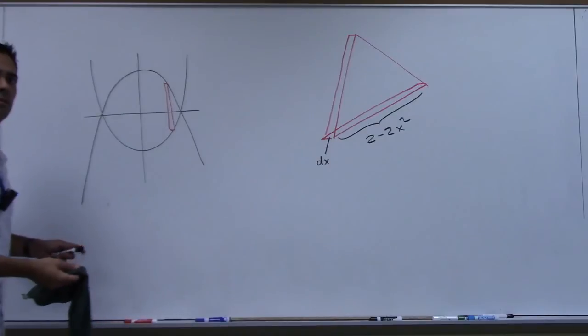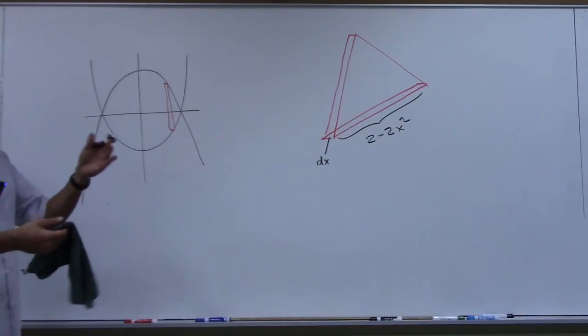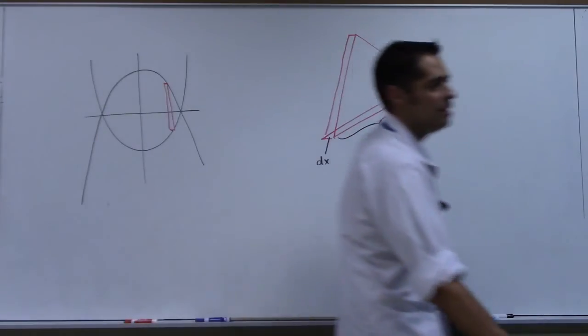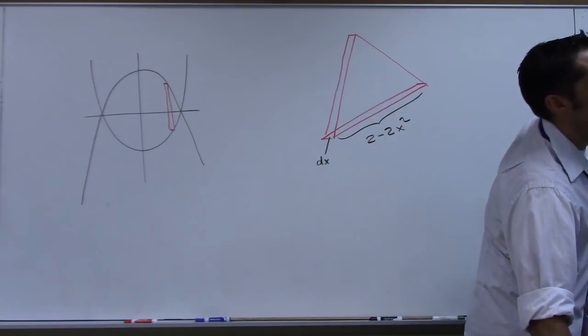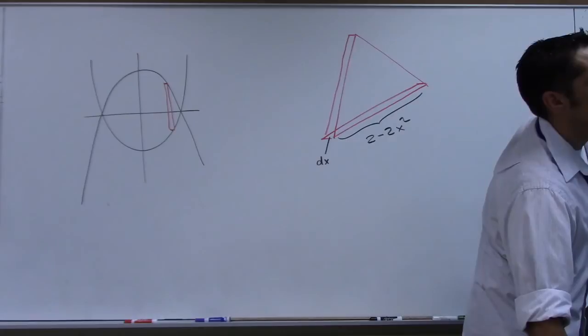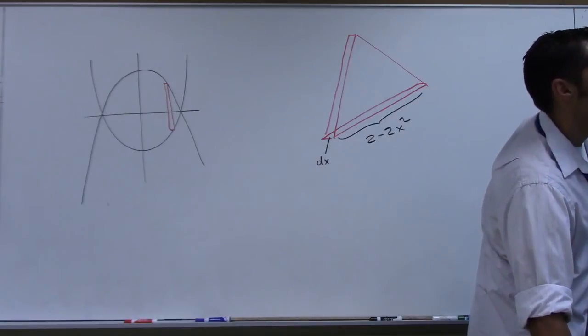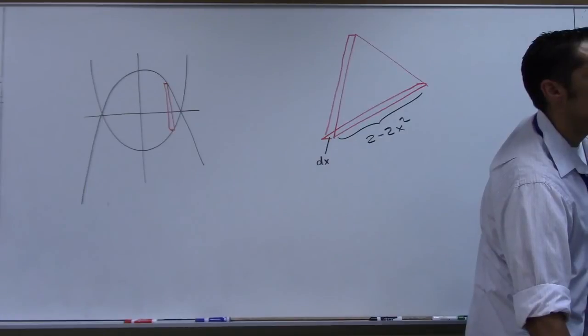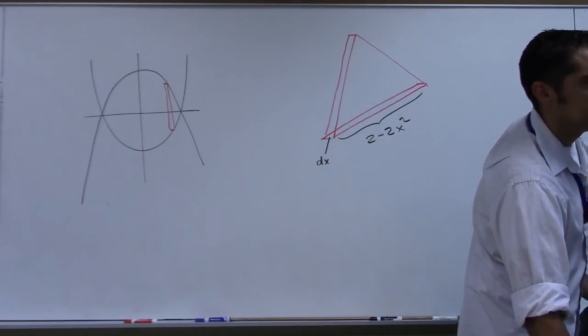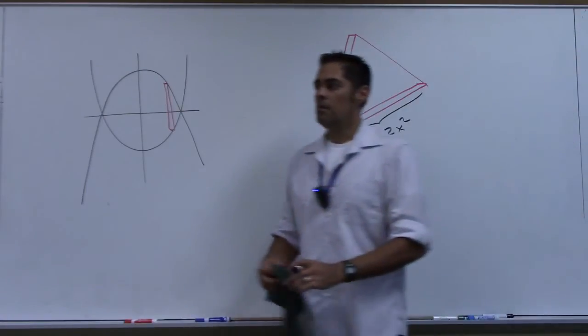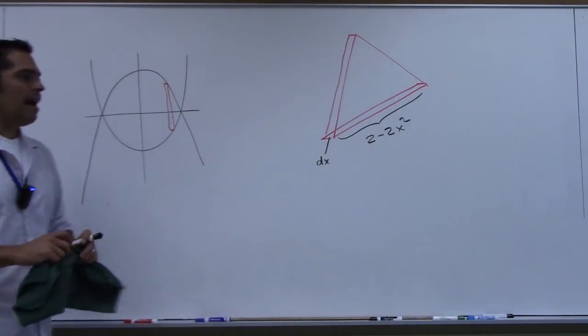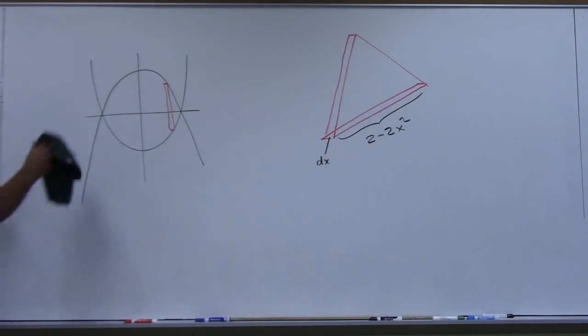Is it 1? It moves. The triangle's changing, right? Remember this. Here's your triangle. As you move it around, the triangle gets smaller. Is it half of that? I don't know.